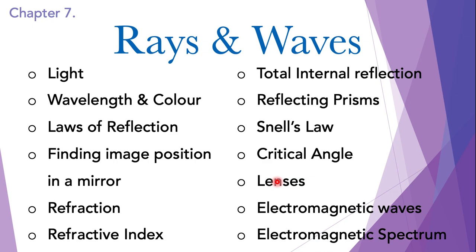It was so interesting, wasn't it? And last but not the least, we understood electromagnetic waves and the electromagnetic spectrum, and this was very simple to understand. So this was all about rays and waves.